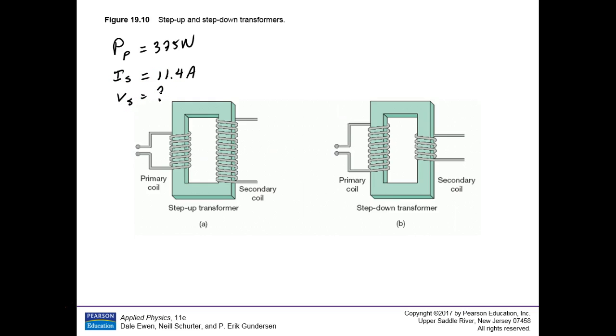Now wait a minute, folks. All you gave me was power in the primary coil, and here you're asking questions about secondary. How can we do that? I wish I had left some of that writing up here. What do we say about power in primary and power in secondary?